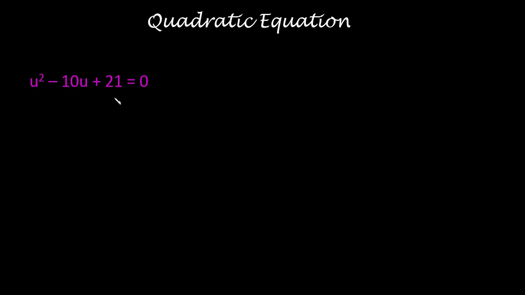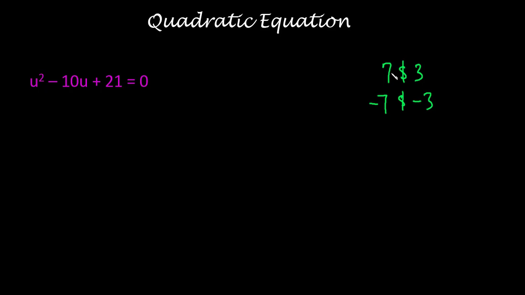So we are going to look for numbers that if we multiply together we get 21, and if we add them together we get minus 10. The numbers we are looking for will most likely be 7 and 3. But in what sign?